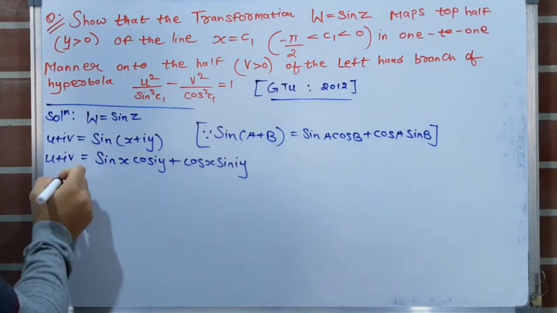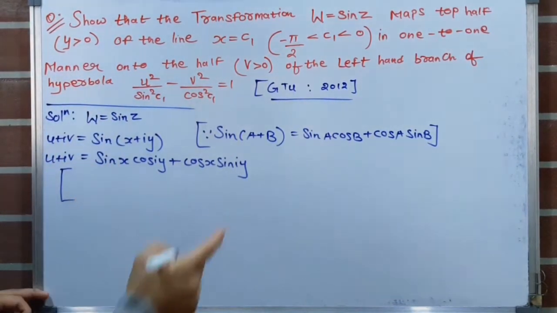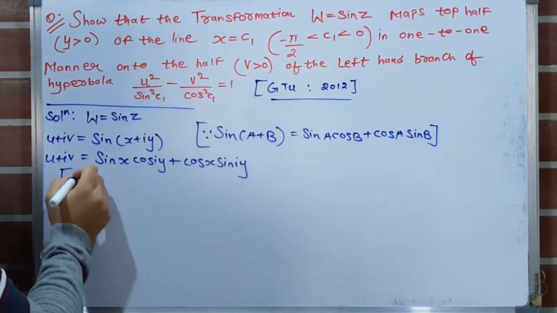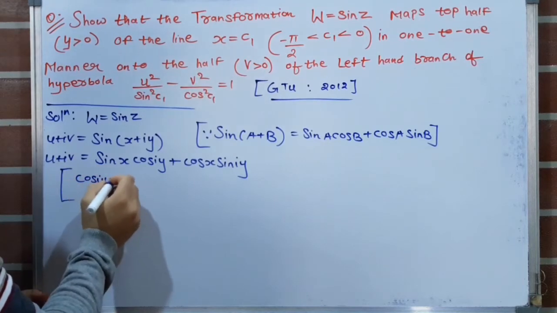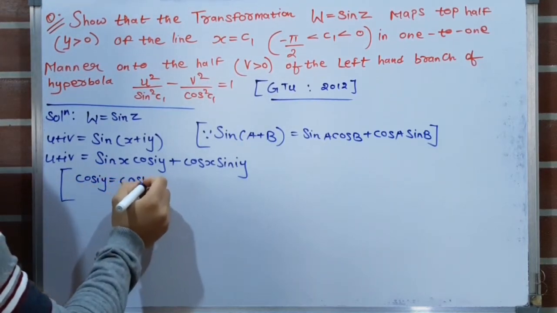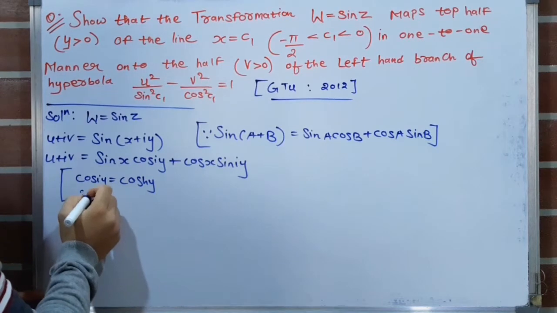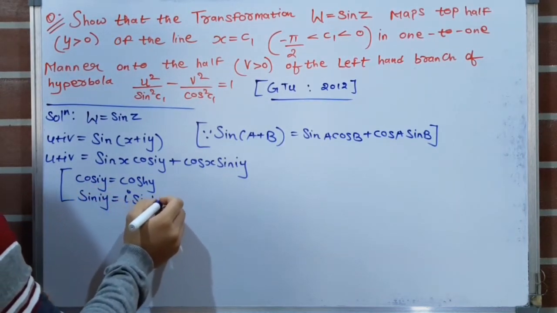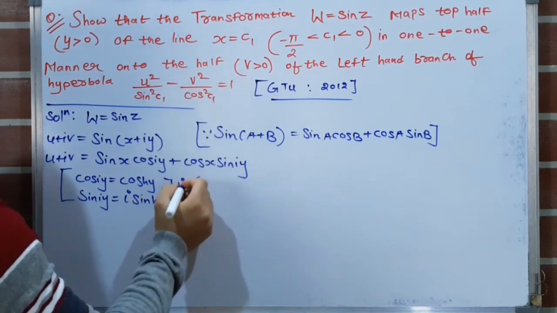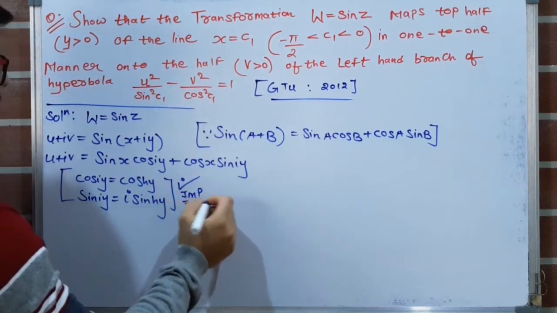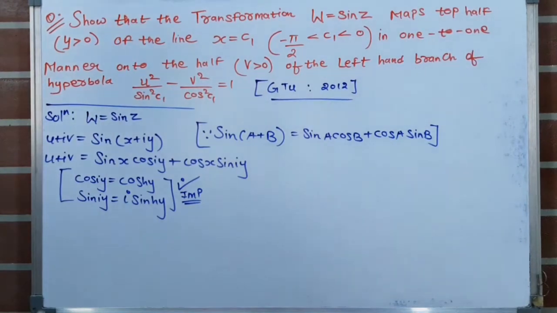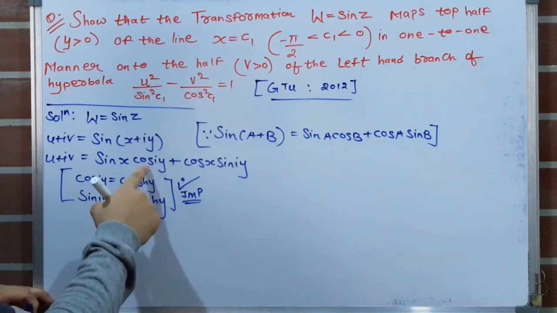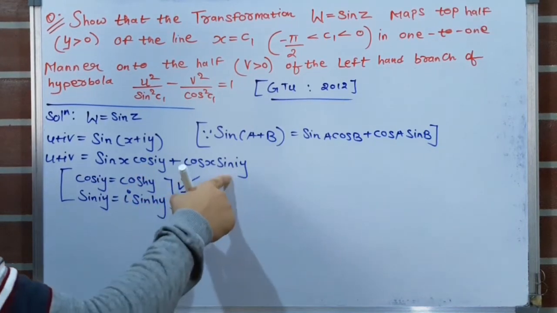Now there are two important results which we discussed earlier also: cos of iy equals cos hyperbolic y, and sin of iy equals i sin hyperbolic y. These two are important results, so remember them. According to these results we substitute cos hyperbolic y and i sin hyperbolic y here.